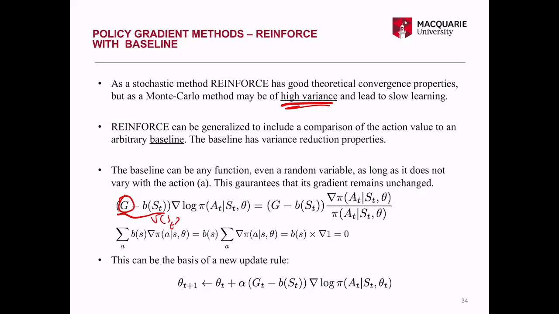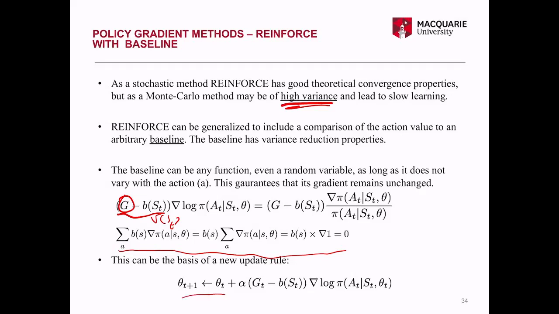But at the same time, as you can see here, it doesn't influence the gradient. So it means that it's not going to change the course of learning, but it reduces the variance, which stabilizes learning, right? So you're not going to see so many wiggly rewards when you're adding a baseline compared to a purely Monte Carlo method.